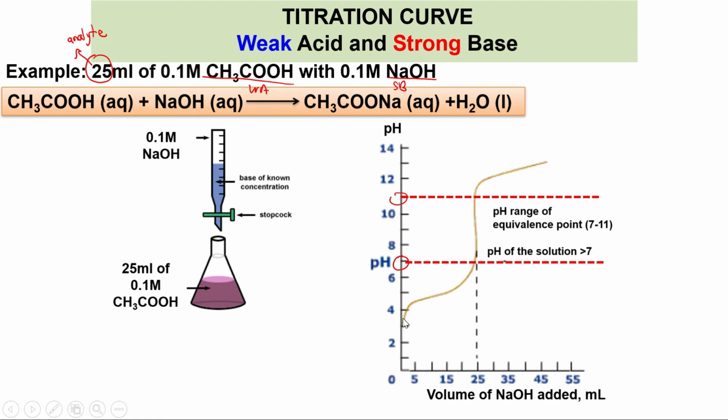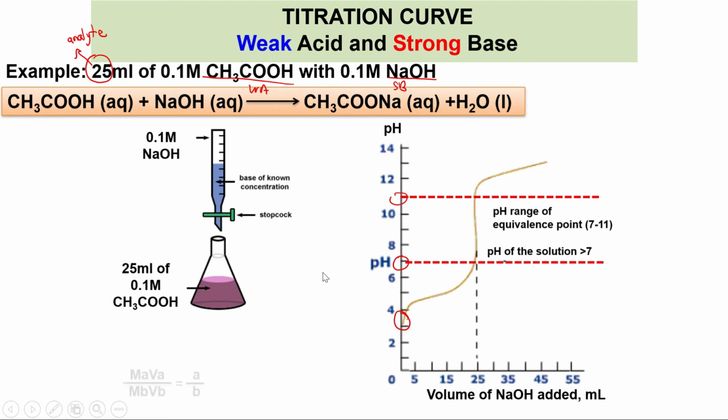As you can see, at the beginning of the titration we only have ethanoic acid inside the conical flask. Therefore, our titration curve is going to start from a low pH, and the pH will keep increasing gradually until the titration process ends.